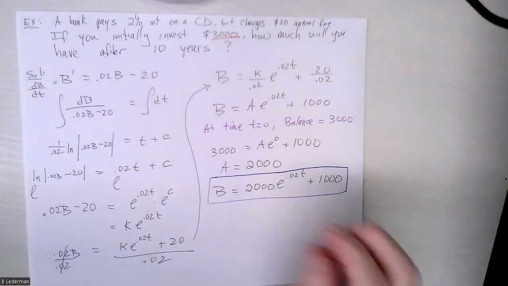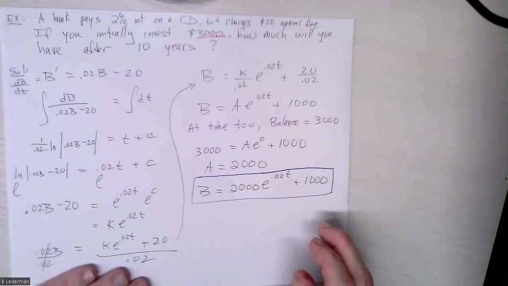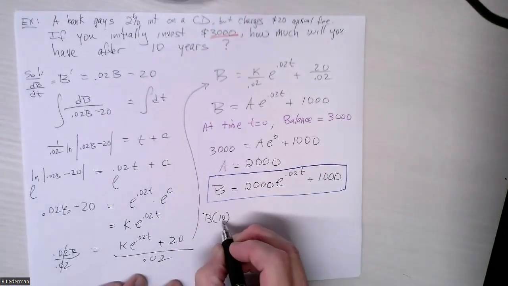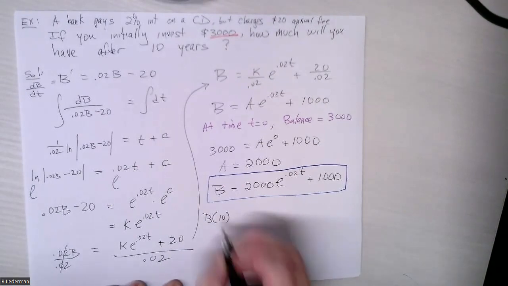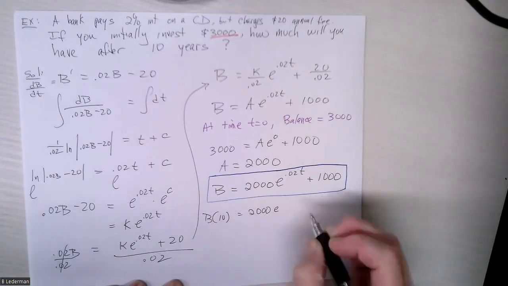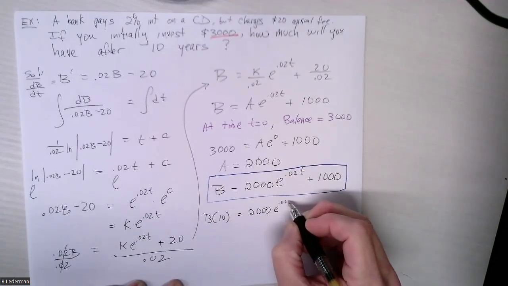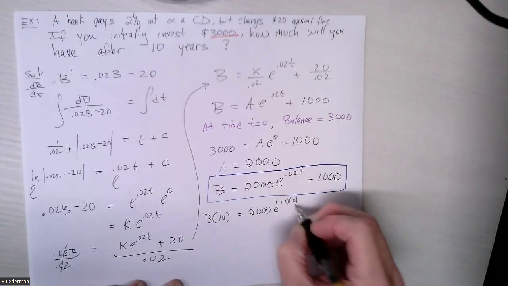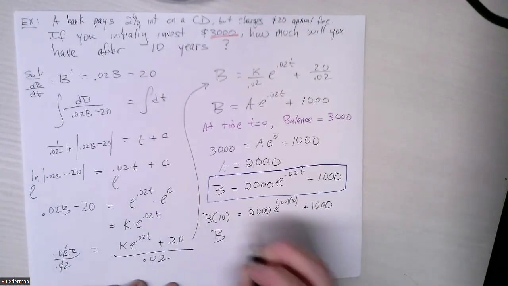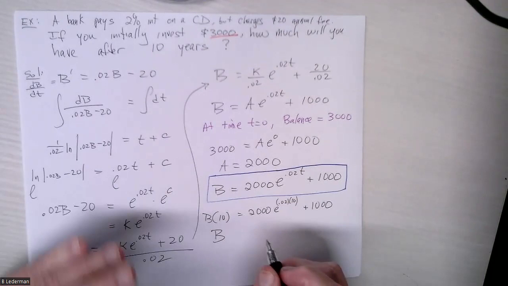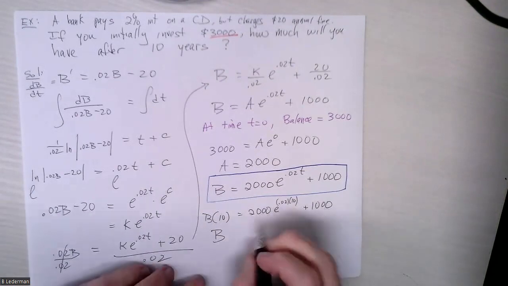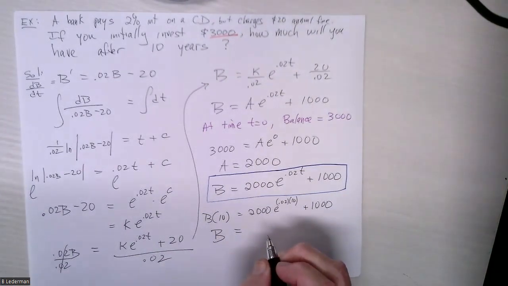So I'm just going to write b of 10. B of 10 means the balance after 10 years. The balance after 10 years is equal to 2,000 times e to the 0.02 times 10 plus 1,000. And if I crunch that out, I get b of 10, or I can just write b. It doesn't matter. B of 10 is just being very specific. That is after 10 years.